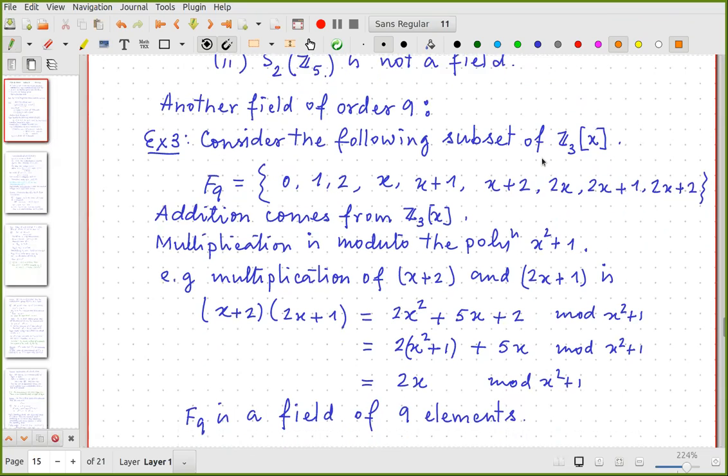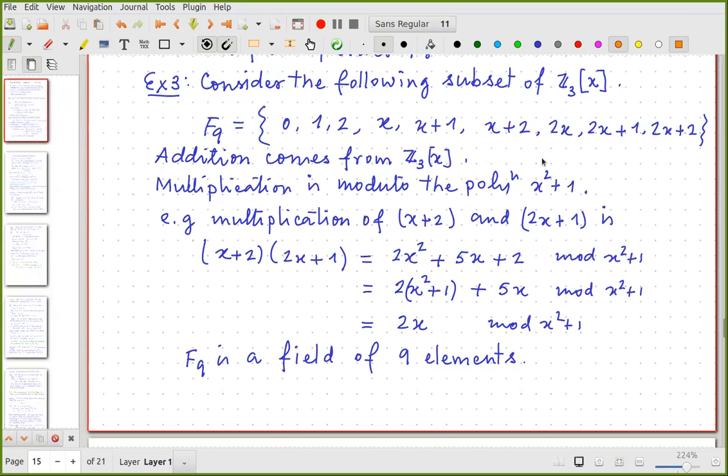The other one we constructed was like this. We considered polynomials over Z3 again, and it's a certain subset of polynomials. So it contains 0, 1, 2, which are just elements of Z3.